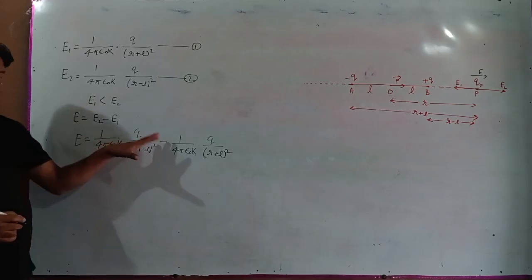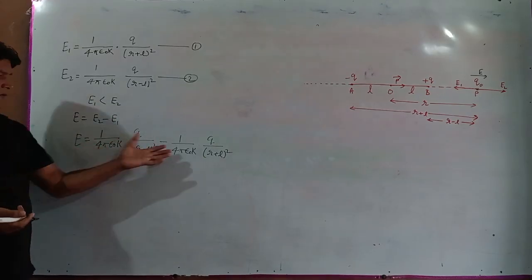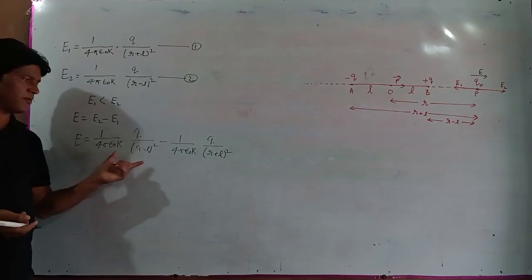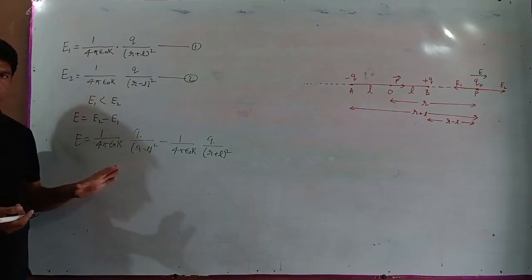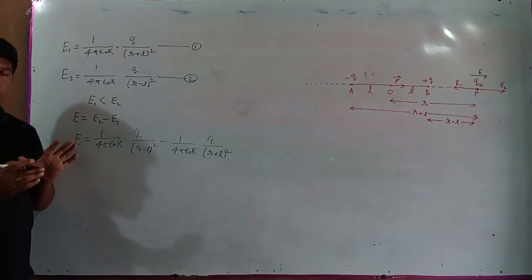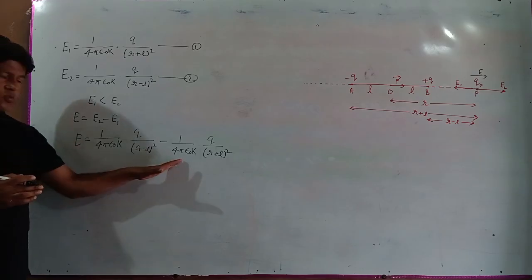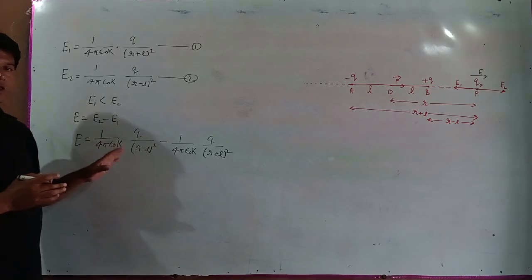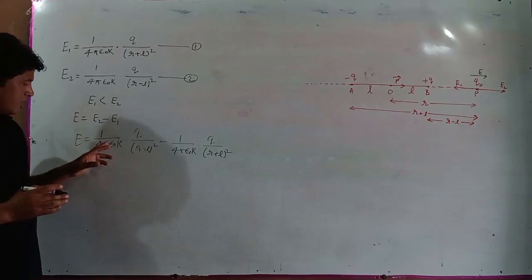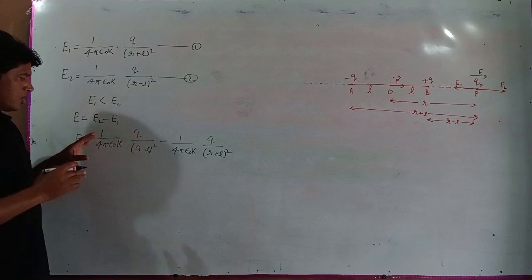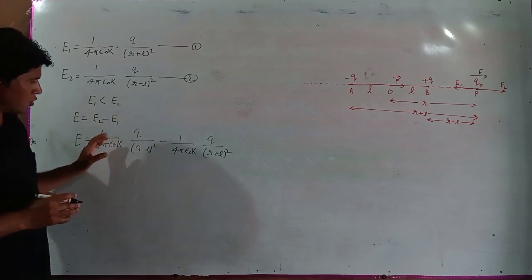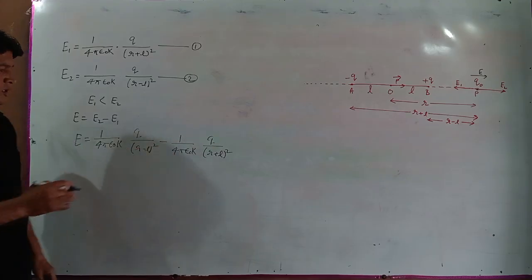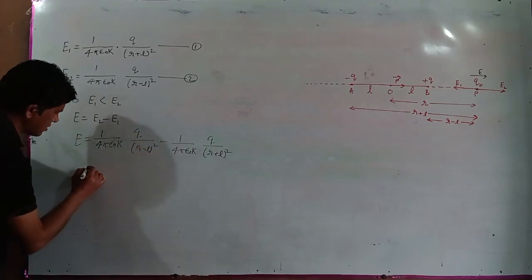After writing this expression, we will simplify it. First of all, we have to look carefully at these two terms and check whether there is any common factor between them. Yes, there is a common factor, and the common factor will be 1 upon 4 pi epsilon naught, K and q, because these things are included in both the terms. So, taking it out as a common factor.